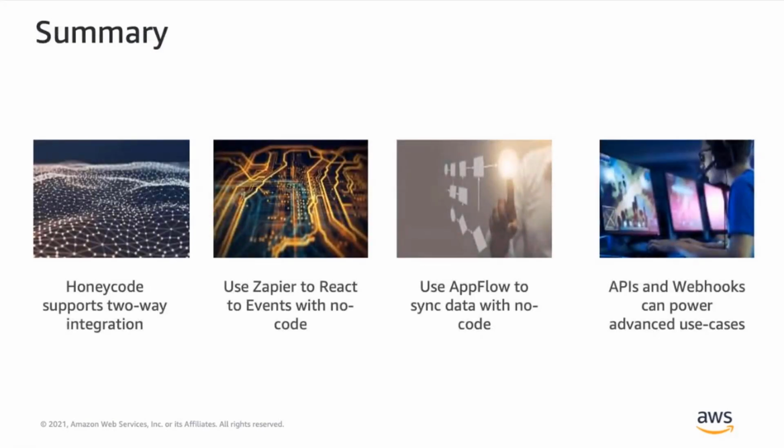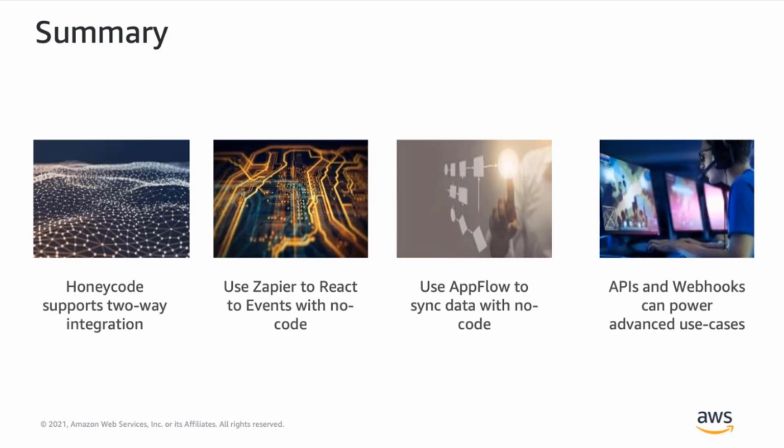To summarize what we talked about today, we talked about how Honeycode lets you build, no coding necessary. We also talked about how customers asked us to integrate their existing apps and services with Honeycode. And based on that input, we talked about how Honeycode now lets you create workflows where Honeycode apps can react to events in other apps and vice versa using Zapier.